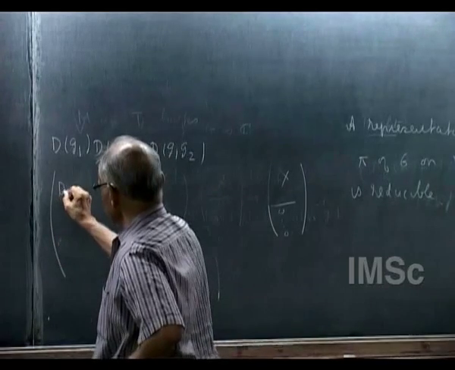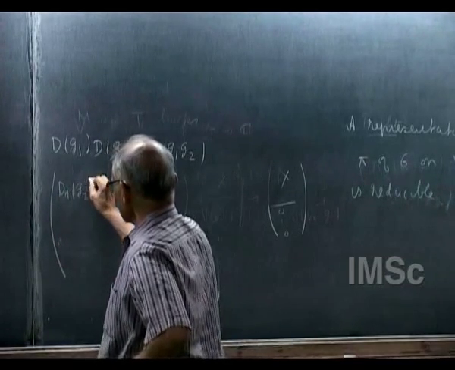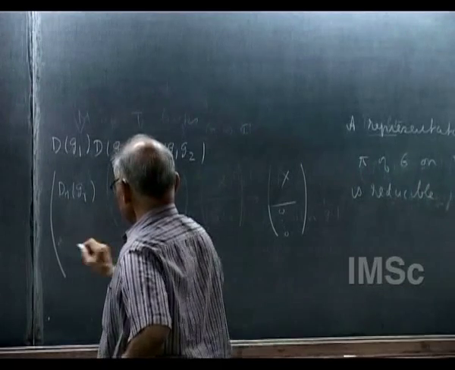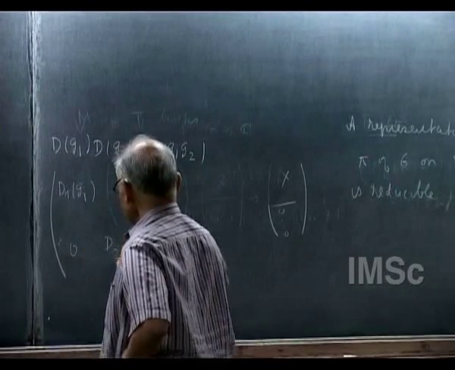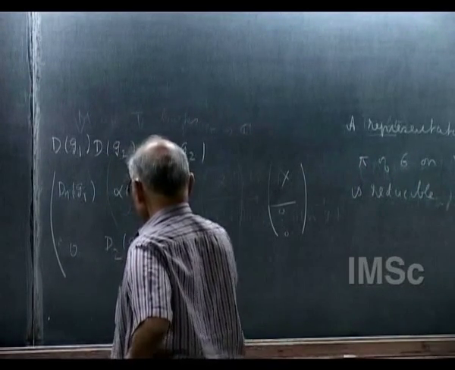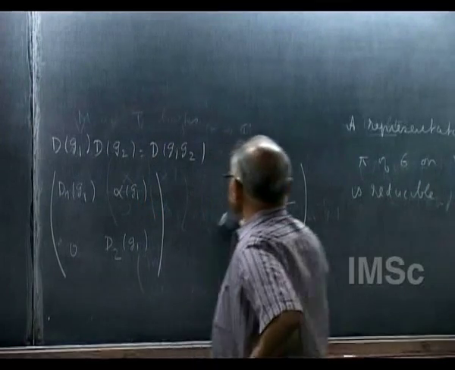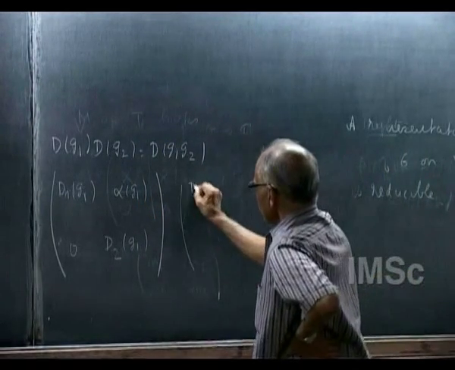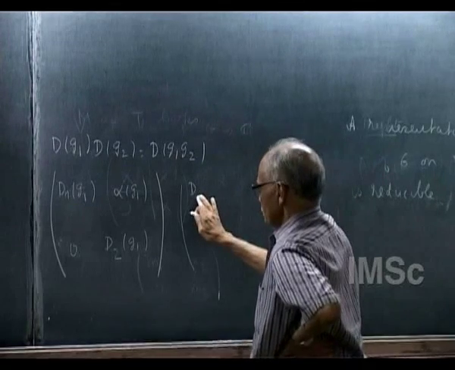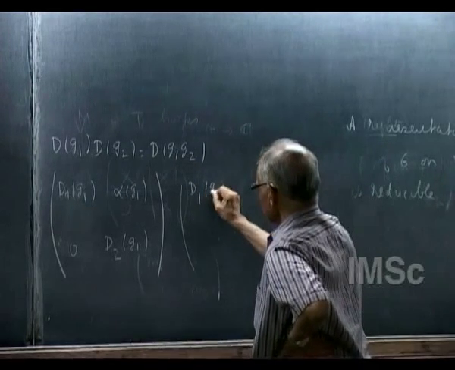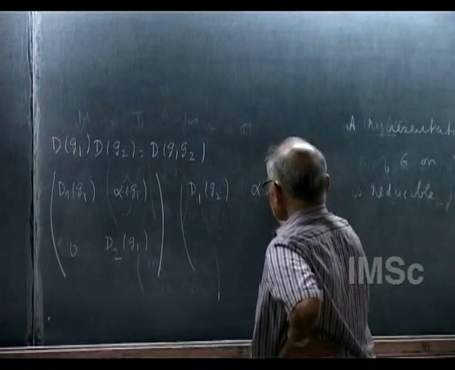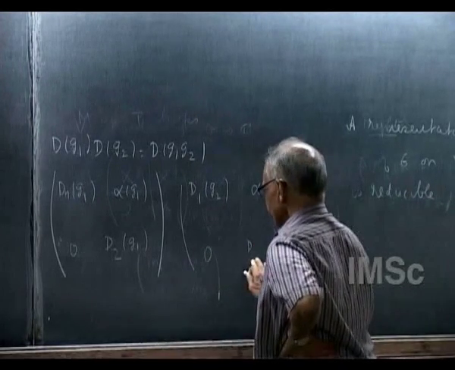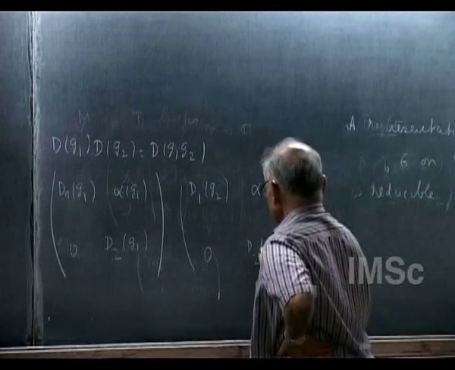You get d1 of g1, alpha of g1, 0, d2 of g1, then I multiply this by d1 of g2, alpha of g2, 0, then here you get d2 of g2.